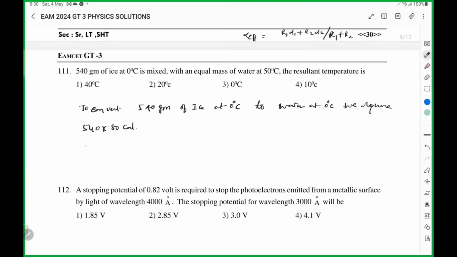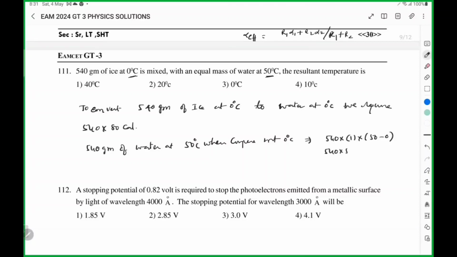But the hot substance here, which is at higher temperature, available is 5 grams of water at 50. When compared with 0 degree centigrade, it has 540 into specific heat of water. So this many calories of heat is available.